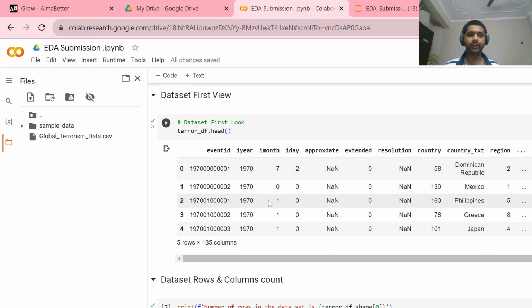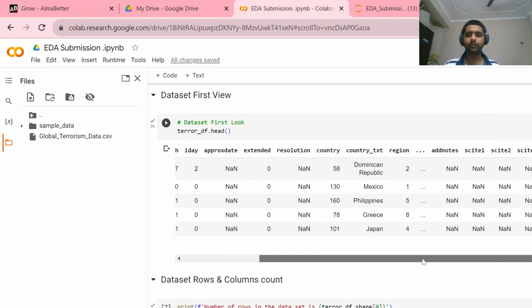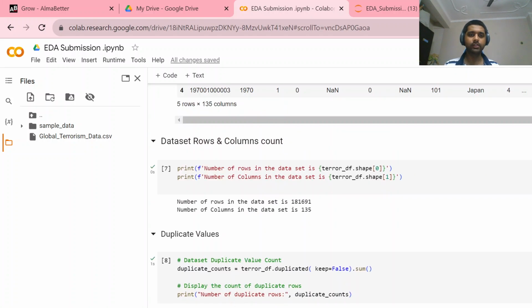Here we can see the event ID; for each and every event there is a unique event ID. We next see the number of rows and columns. The number of rows is 181,691, and the number of columns is 135.